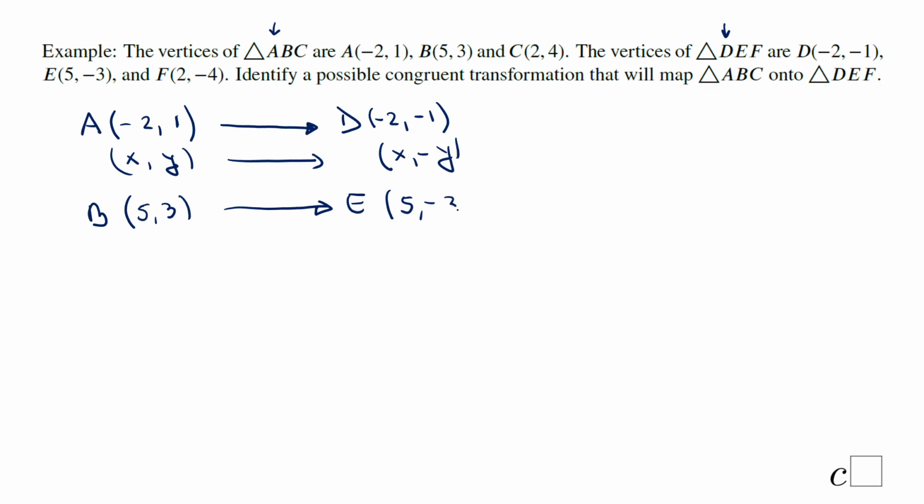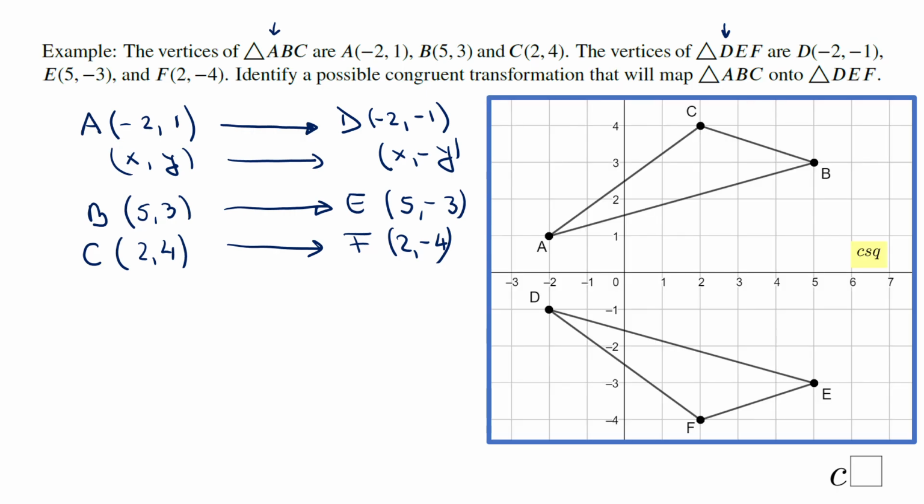It does, right? So if you take a look at C and F, I think they do follow the same thing. 2 and 4 becomes F, 2 and -4. So if you do not remember all those (x, y)s, you may want to do a picture like I did here. And then you see it. This transformation is nothing else than reflection over the x axis.